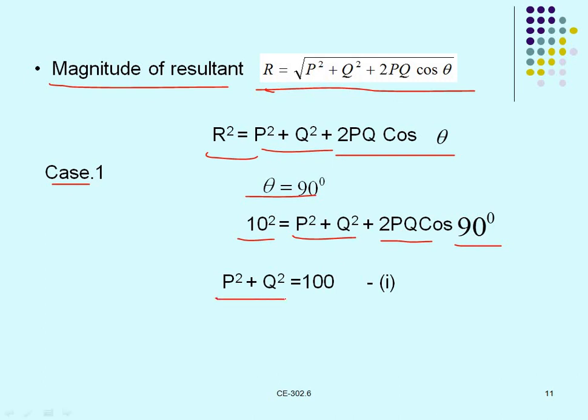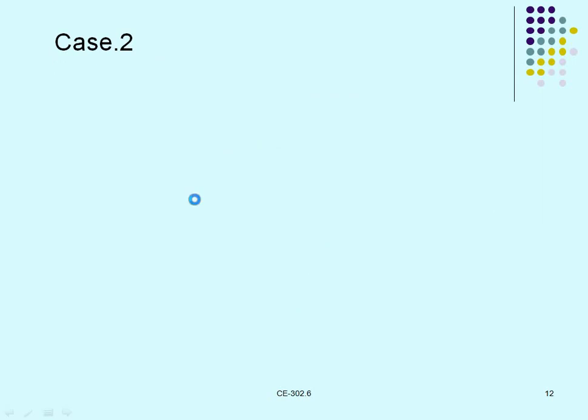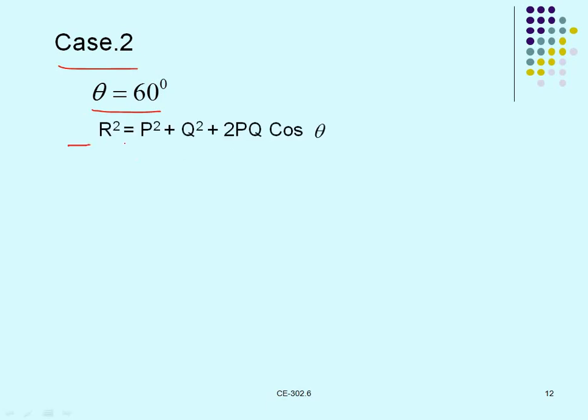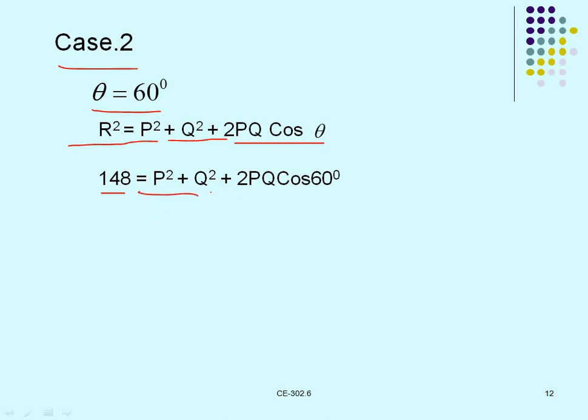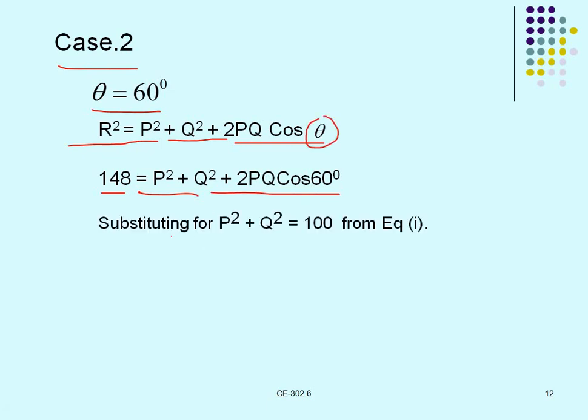Therefore P square plus Q square is equal to 100, that is the first equation. In case 2, theta is equal to 60 degrees. R square is equal to P square plus Q square plus 2PQ cos theta, that is 148 is equal to P square plus Q square plus 2PQ cos 60 degrees.